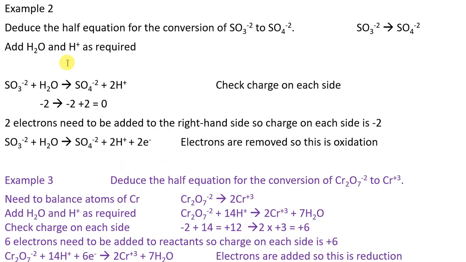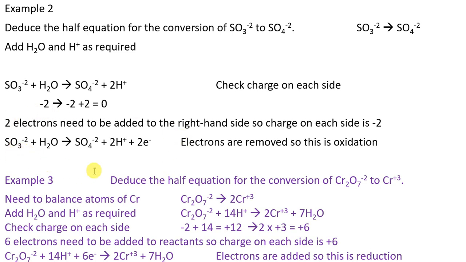2 more examples. The half equation for the conversion of SO3-2 to SO4-2. Adding my H2O and H plus as required takes me here. Now, my total charge on the left has gone from -2 to 0 overall on the right. 2 electrons needed to be added to the right-hand side to make the charge on both sides -2.